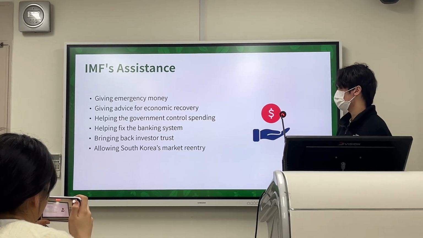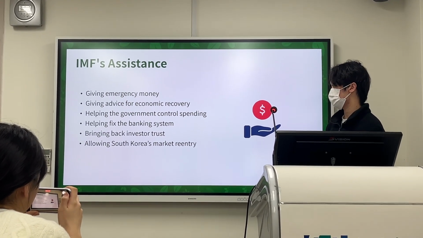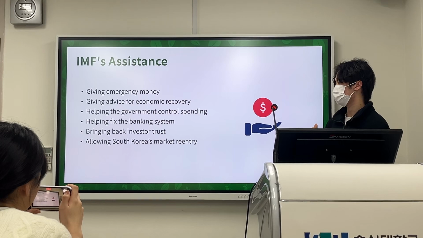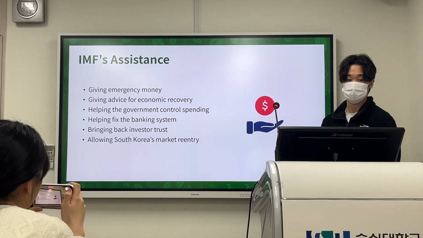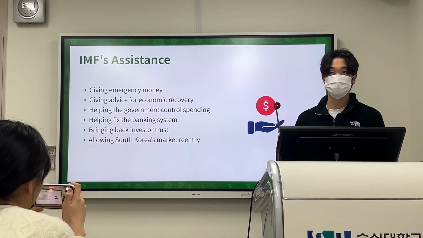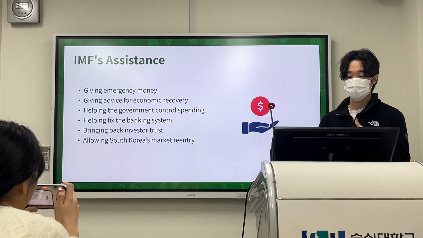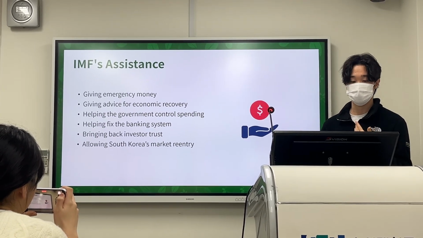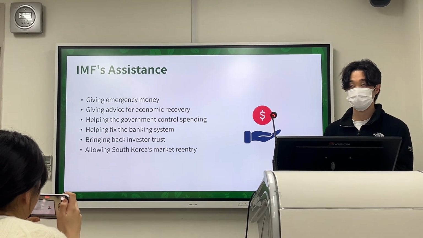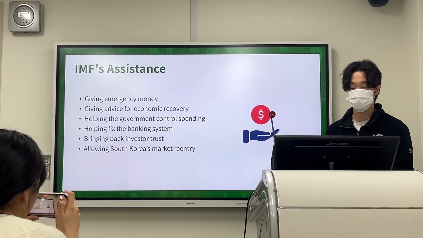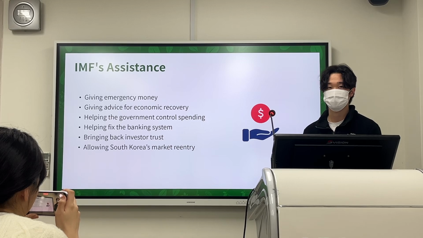As a result, South Korea could bring back investor trust again, and this process allowed South Korea's market re-entry. As a result, IMF plays a significant role in financial situation and recover the nation's crisis.